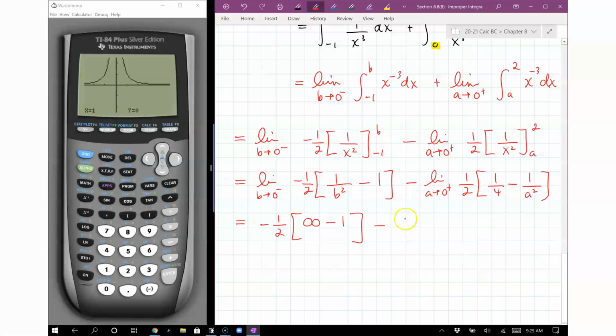minus 1/2 of 1/4. Okay, minus, now 1 over a squared, as we approach a from the right, that would be an infinity.